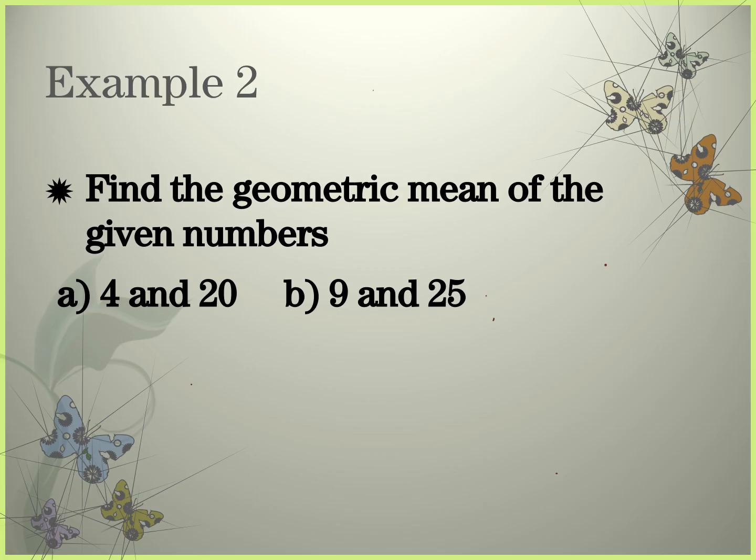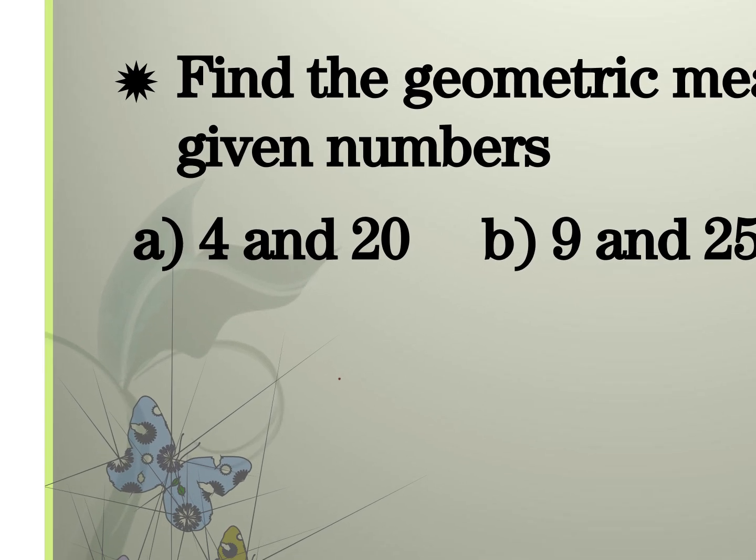Okay, so how do we use geometric mean? Let's first find the geometric mean of the given numbers. Go ahead, Kristen. So we have 4 and 20. So we'll say X is going to be equal to, what do I do with those two values? Let's think of 4 and 20 as our A and our B values.